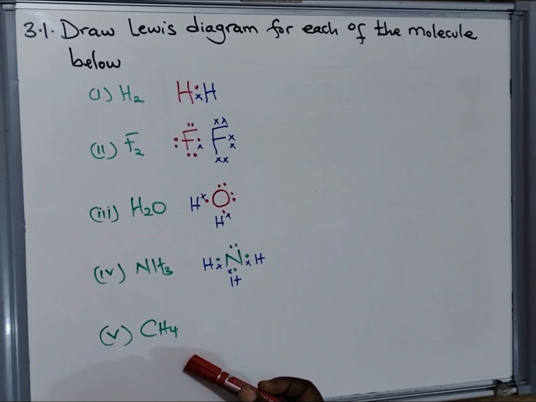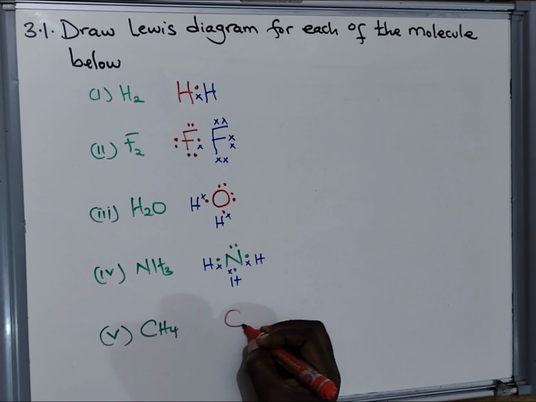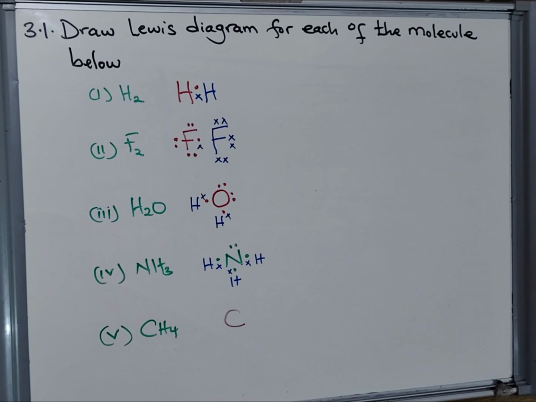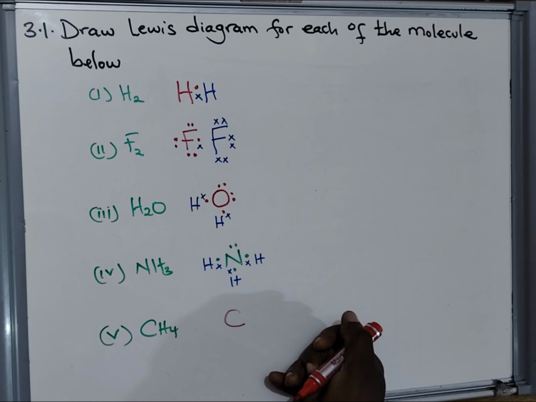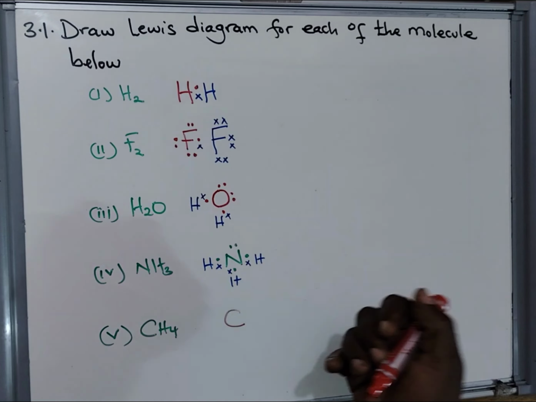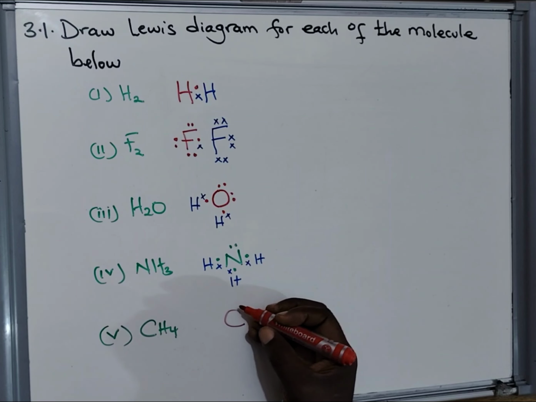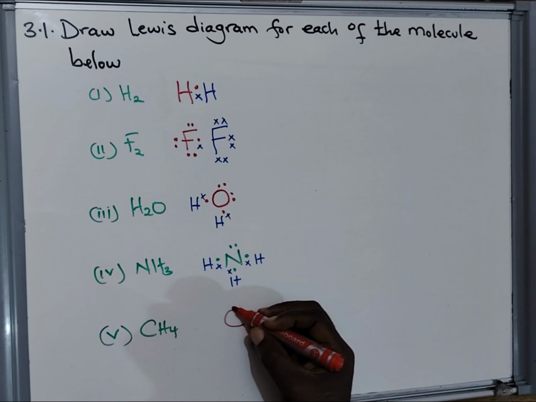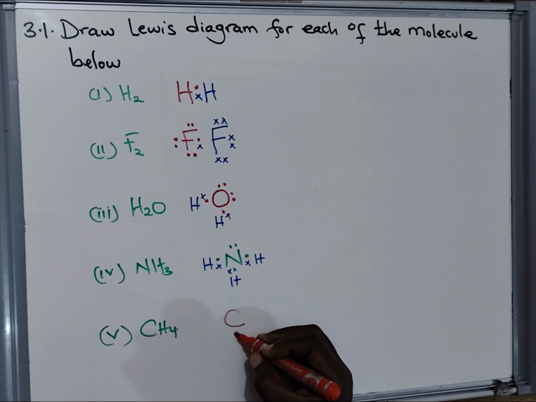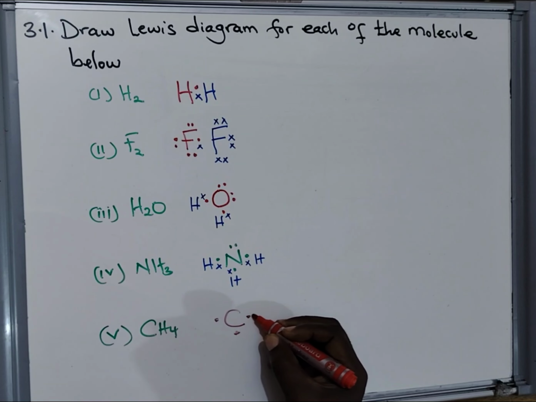Then we come to this one, CH4, which you call methane. It has carbon as the central atom. Carbon belongs to group 4, or 14 according to some people. So if it belongs to group 4, it has 1, 2, 3, 4.